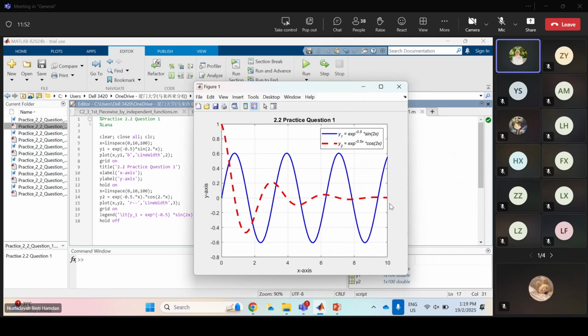You see here, the red one is bolder, a thicker line compared to the blue line. The title is 2.2 practice question 1. And you see the labels, x-axis, y-axis, and grid on. So you see at the back, there's a grid.